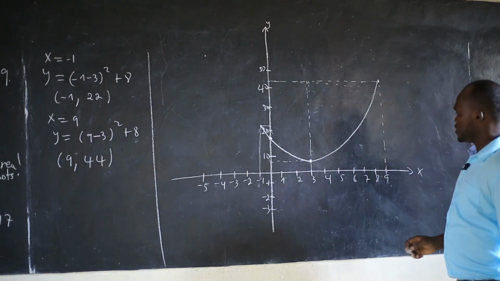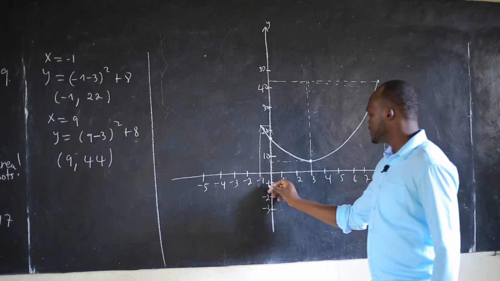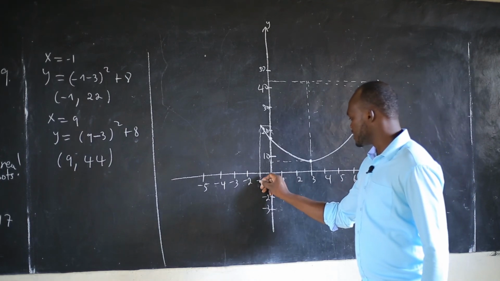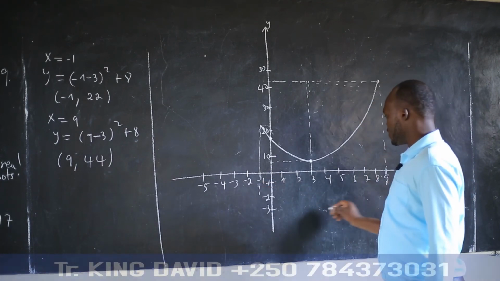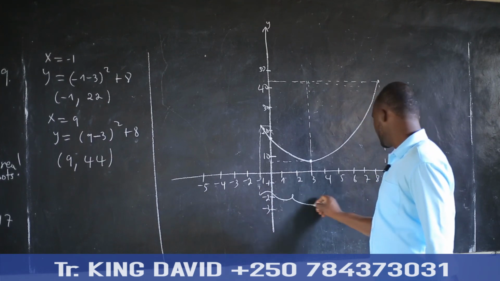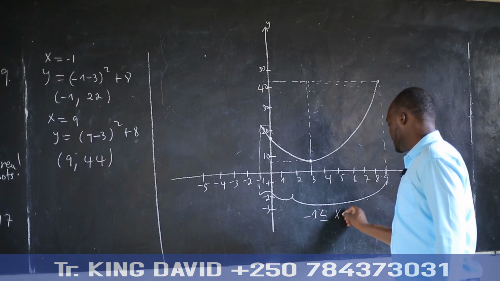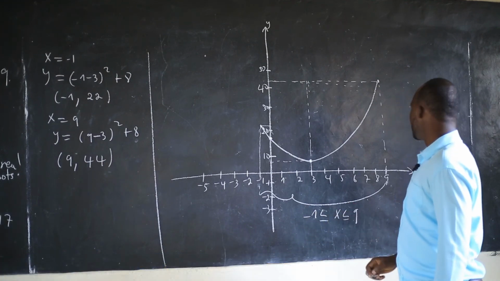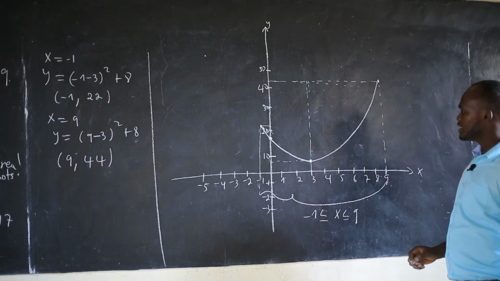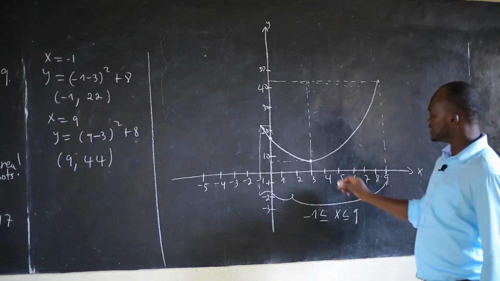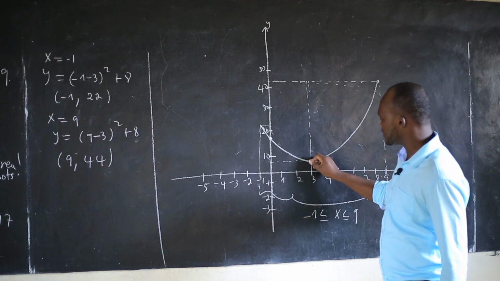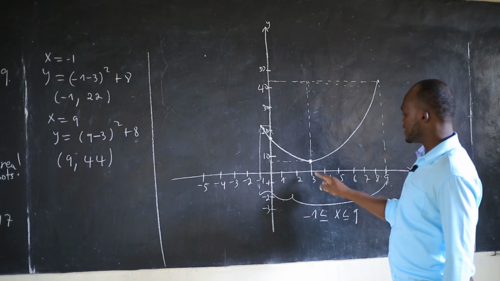So now, you see our domain is from here, which is -1 less or equal to x less or equal to 9. What is the range? As you can see, the minimum value on y is 8.